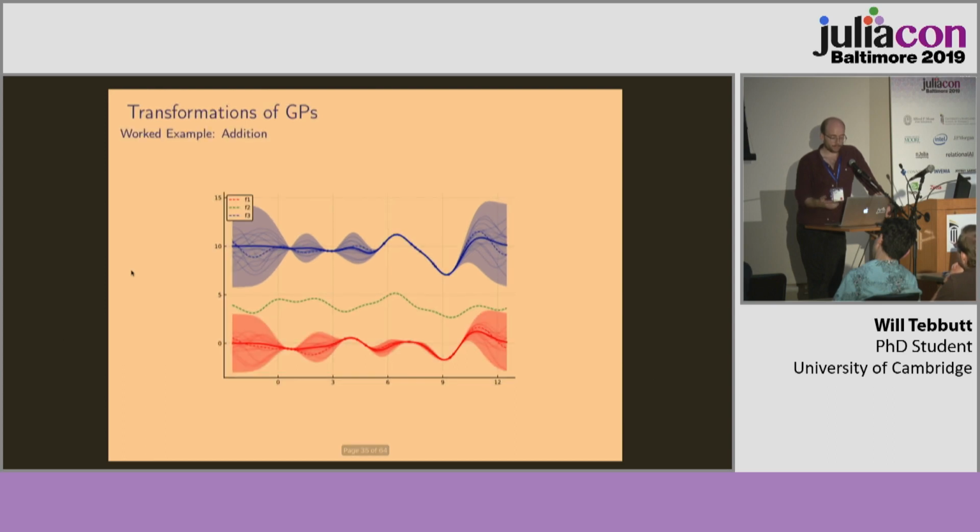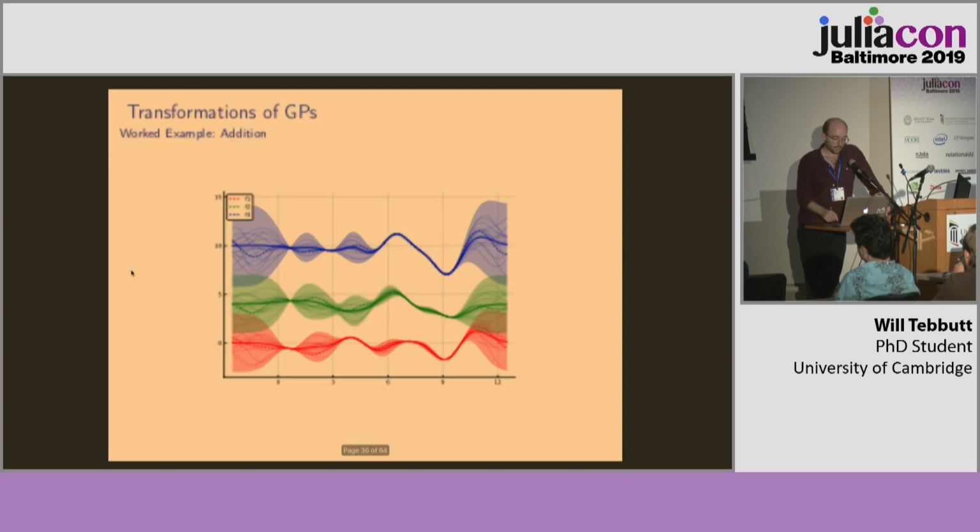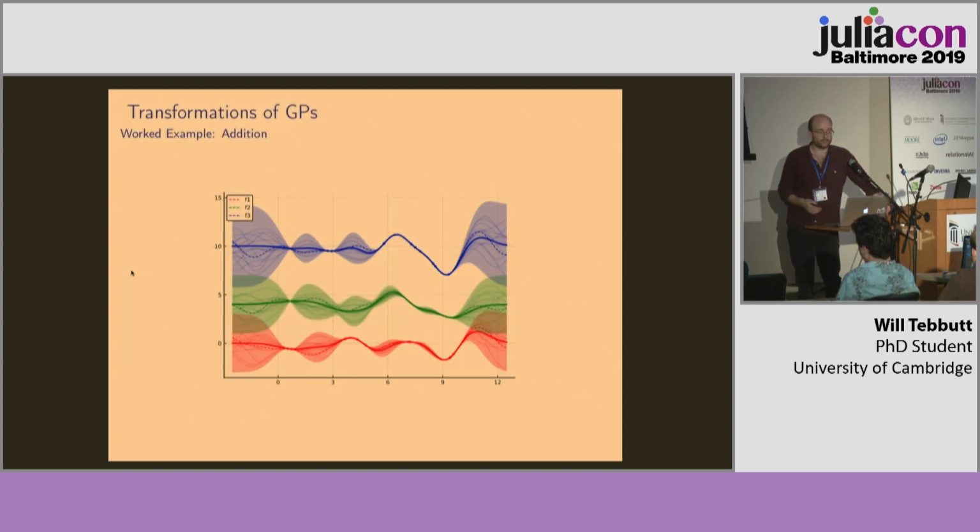And similarly for F1, you'll notice that where you've got observations of F3, the blue one, and you don't have observations of F1, you'll have lower uncertainty, but not zero uncertainty. But where you've got no observations of either, you've got high uncertainty, and this is a consequence of the fact that we know that F1 and F3 are related in a particular way. And so Stheno will just do this for you. Similarly, we didn't make any observations of F2 whatsoever, but we know some stuff about it by virtue of the fact we know stuff about F1 and F3.